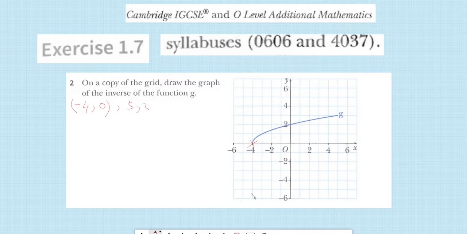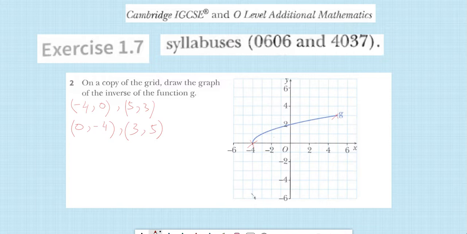What is the first step? The first step is to reverse x to y and y to x. This is -4, 0, so it will become 0, -4. This is 5 comma 3, it will become 3 comma 5.